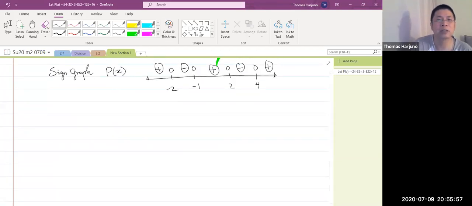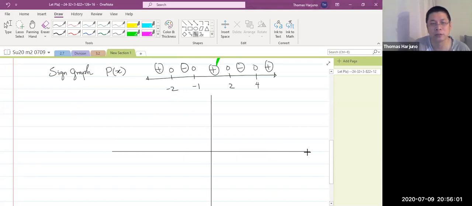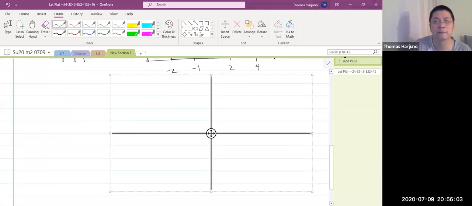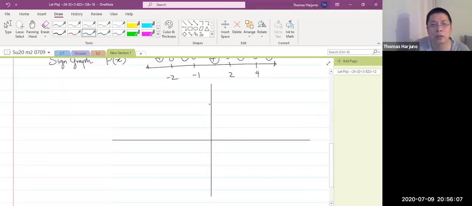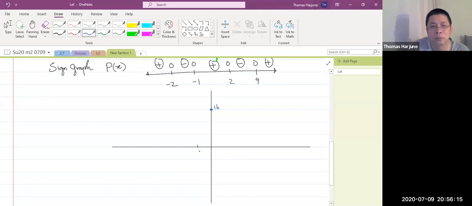Okay, now let me sketch the graph approximately. This is just an approximation. So my y-intercept is (0, 16). My x-intercepts are -2, -1, 2, and then 4.